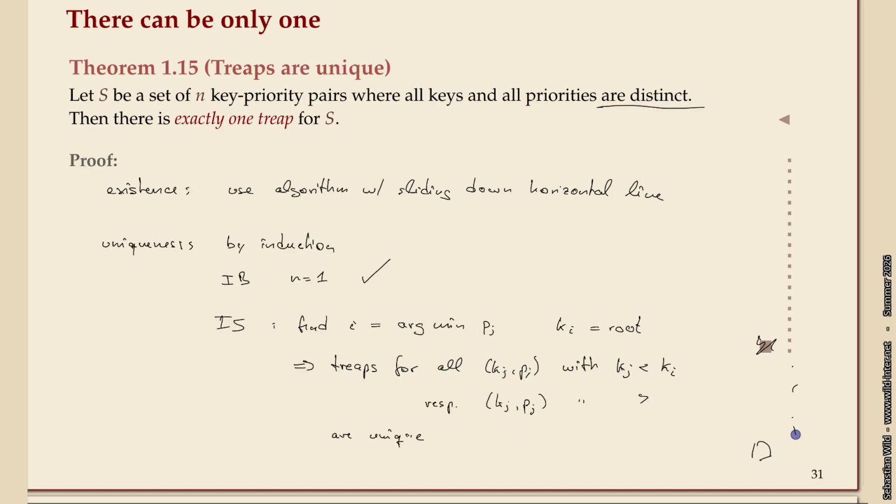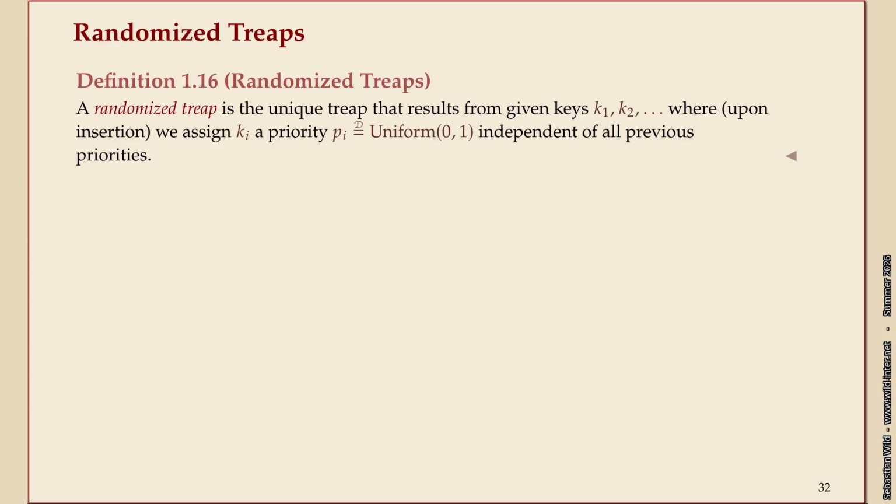Now, how can we work with this? Okay, one more step. So far, it was defined for a fixed set of key priority pairs without telling you where the priorities come from. The keys are what is given by the user of the dictionary, and the priorities you just pick uniformly and independently. We'll not worry more about whether you can get away with less powerful randomness.